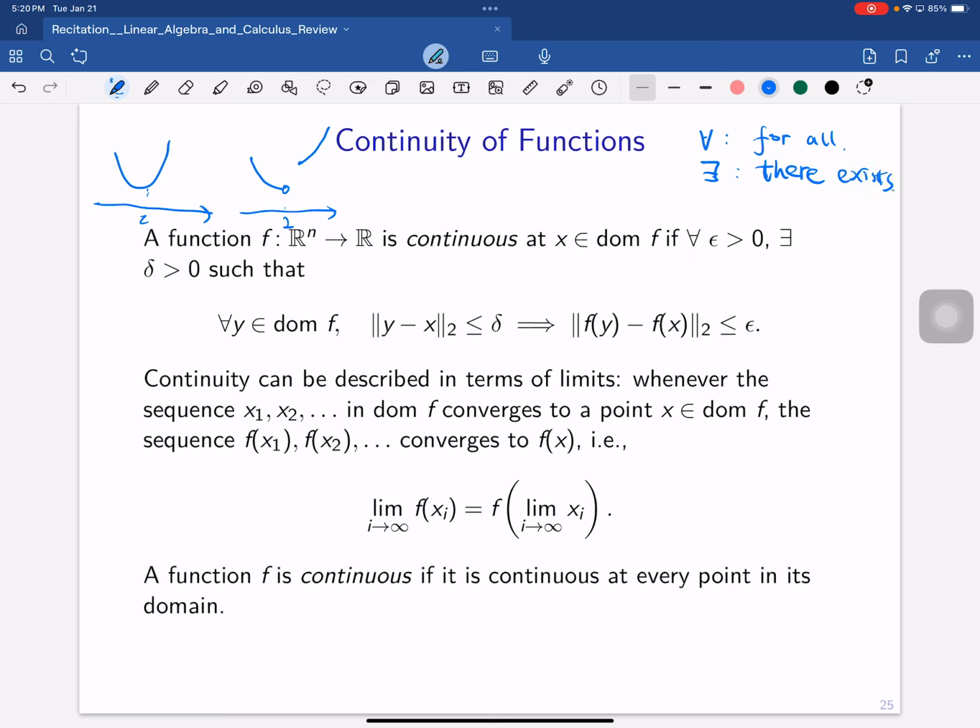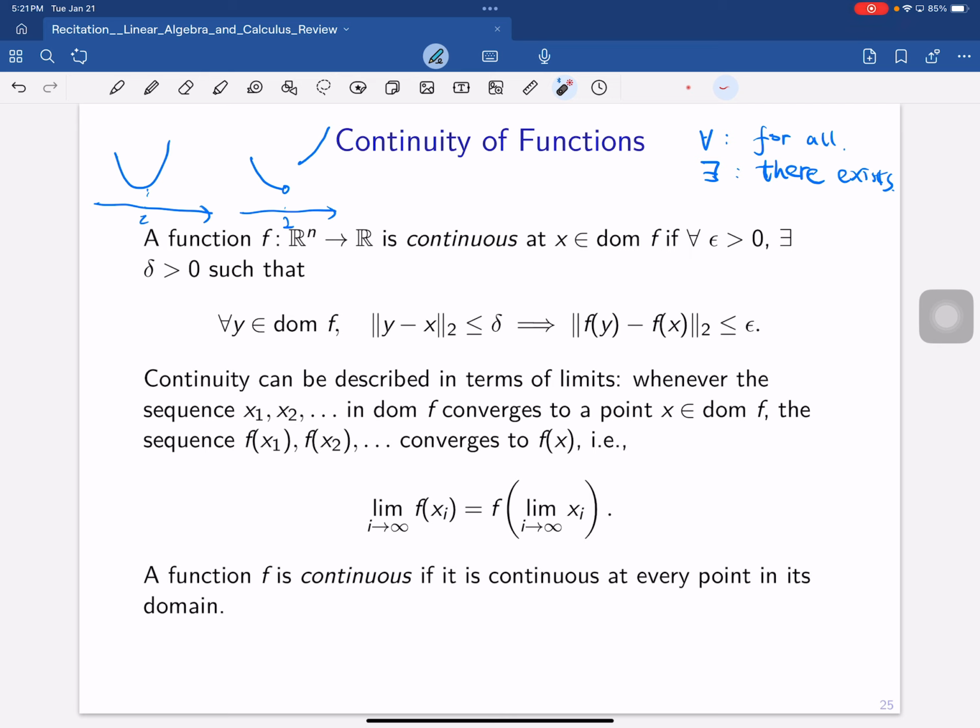Okay, so it says for all or for any epsilon that is strictly greater than 0, there always exists a delta that is strictly greater than 0, such that for all the y, where the distance between y and x is less than or equal to delta, right? Then the distance between f(x) and f(y) is less than or equal to epsilon, right?